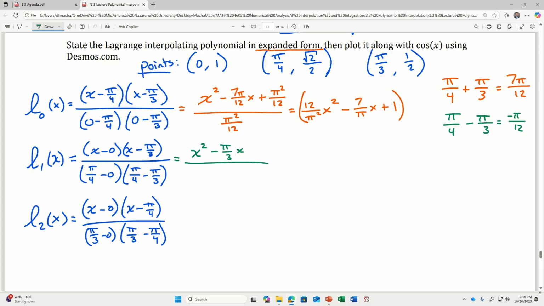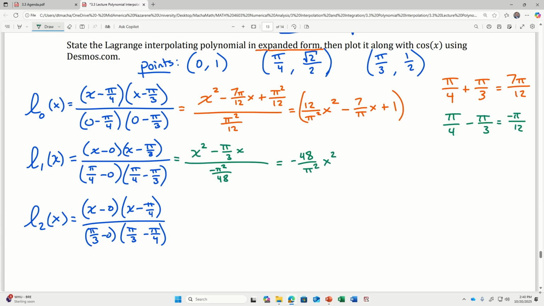So this time I've got pi divided by 4 times negative pi over 12. Negative pi squared divided by 48. Yikes. So negative 48 over pi squared x squared.